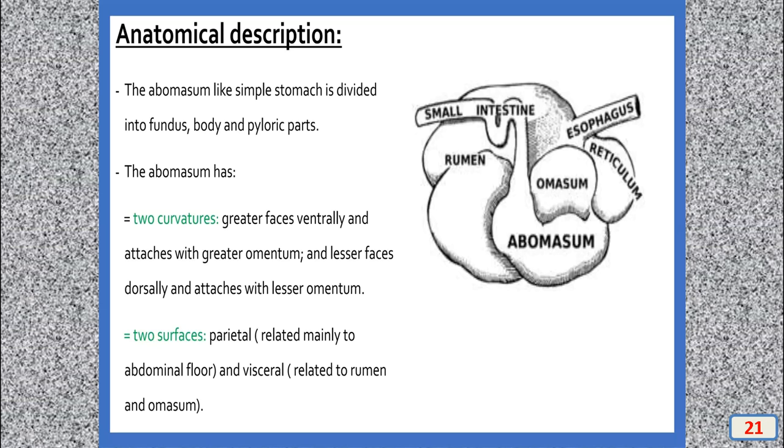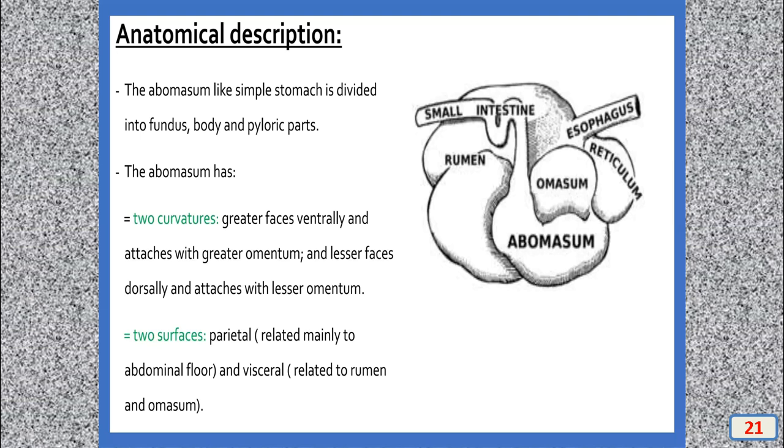Then the anatomical description: it has two curvatures and two surfaces. The greater curvature faces ventrally and attaches to the greater omentum, and the lesser curvature faces dorsally and attaches to the lesser omentum. The two surfaces are the parietal surface and the visceral surface.